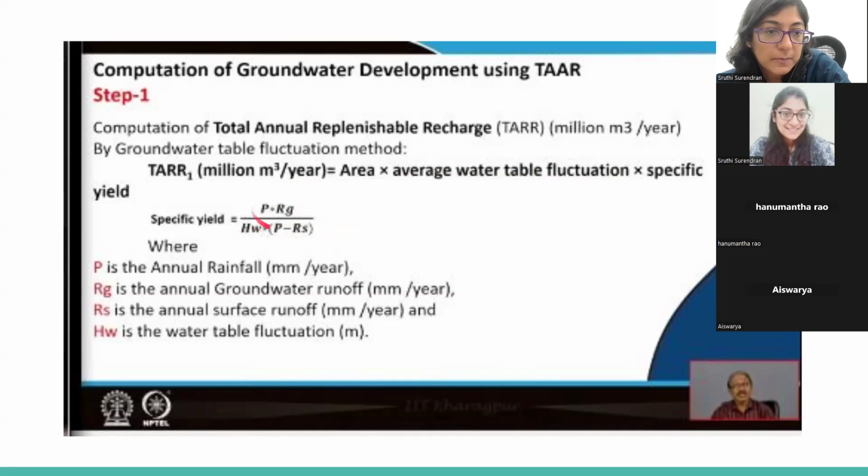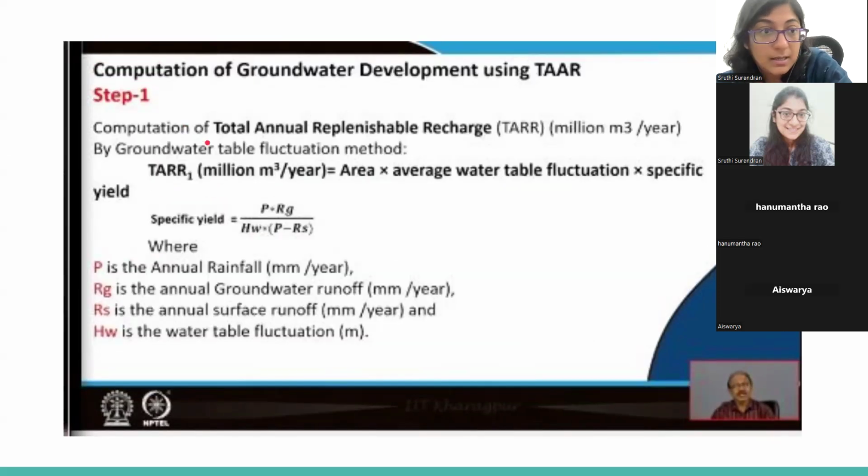Specific yield is obtained from a formula that involves annual rainfall in millimeters per year, annual groundwater runoff, annual surface runoff, and the water table fluctuation. All of these help in obtaining the specific yield. That multiplied with the average water table fluctuation and area gives the first step of computing, sorry, the total annual replenishable recharge.